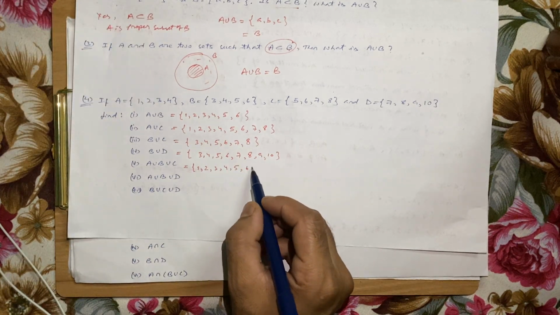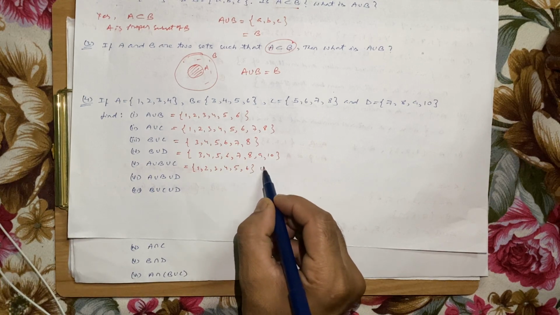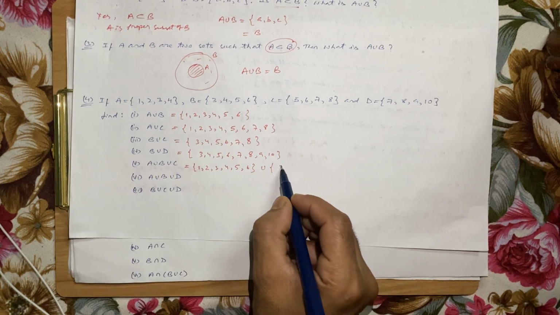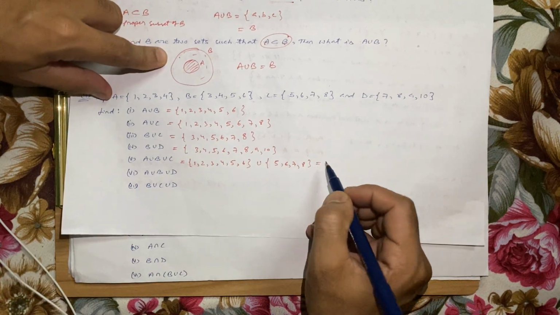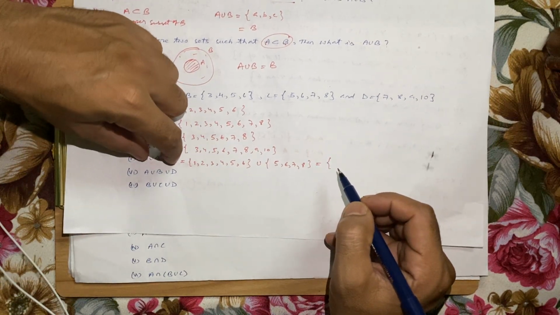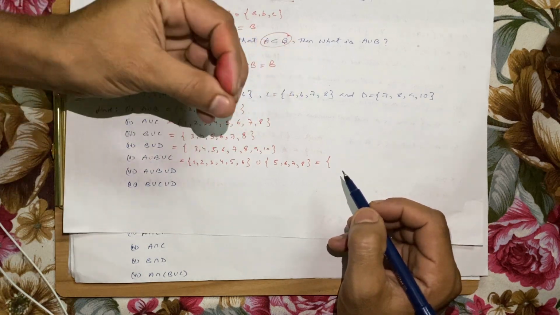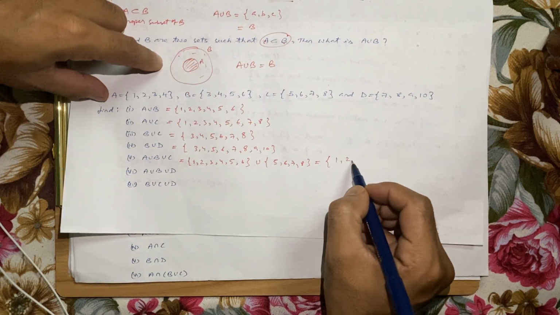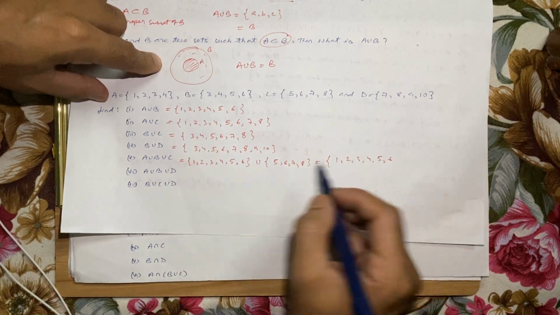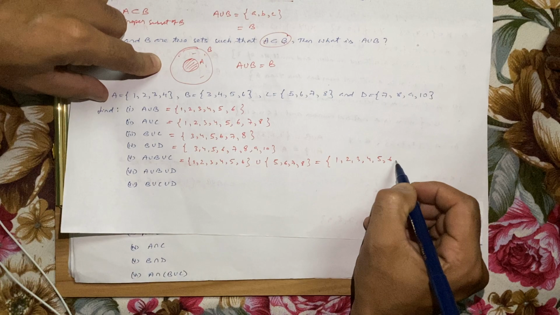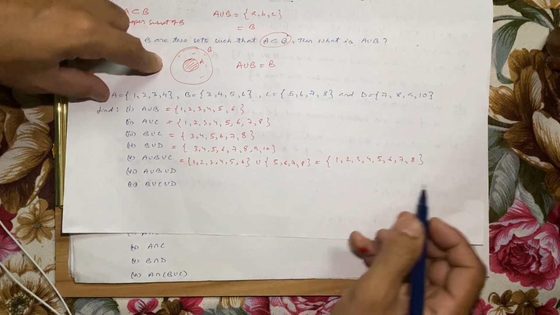So this is A union B, and union C, and C is 5, 6, 7, and 8. So finally, the single set A union B union C, the combination of 3 sets into one set, will be 1, 2, 3, 4, 5, 6 of this set, and I have 5 already here, 6 already here, then I'll add 7 and 8. So this is A union B union C.